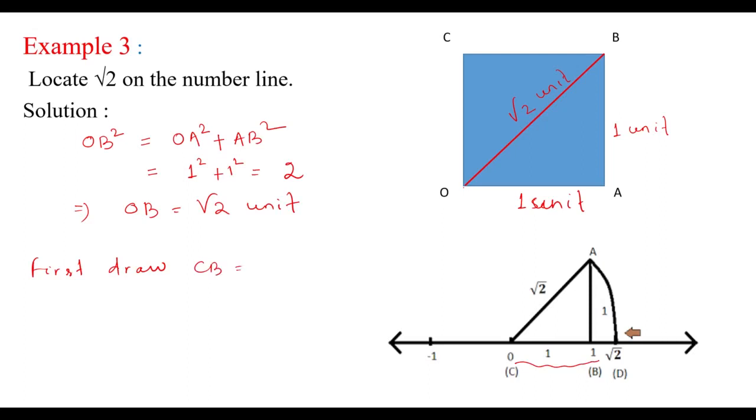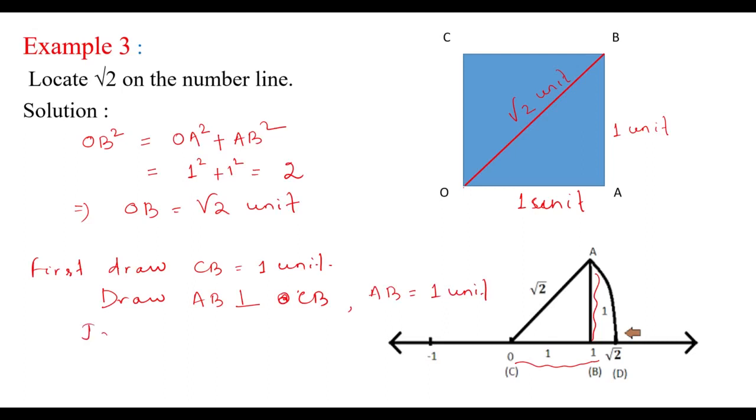CB is equal to 1 unit. Then draw AB perpendicular to CB, and AB is equal to 1 unit.